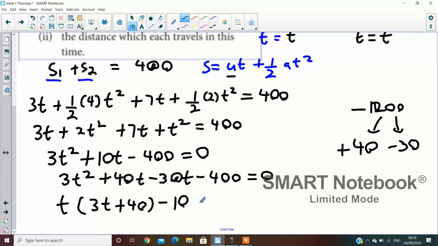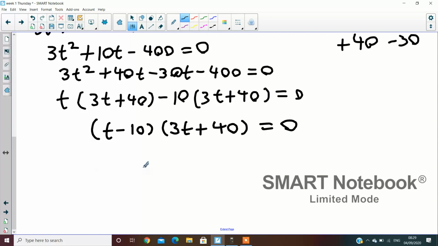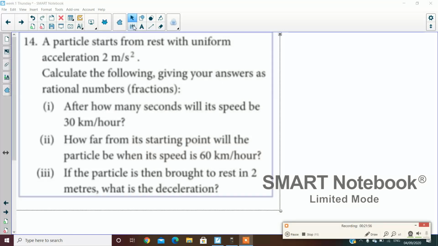Minus 10. 3t plus 40. T can't be negative, so therefore it has to be a positive answer. So I'm hoping you all get t equals 10. It's got to be the first bracket. T minus 10 equals 0. T equals 10. All right. Okay.